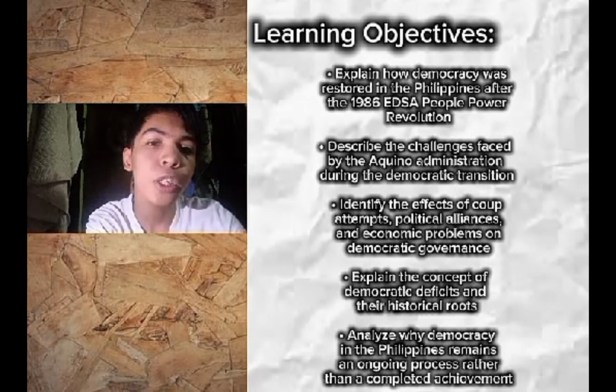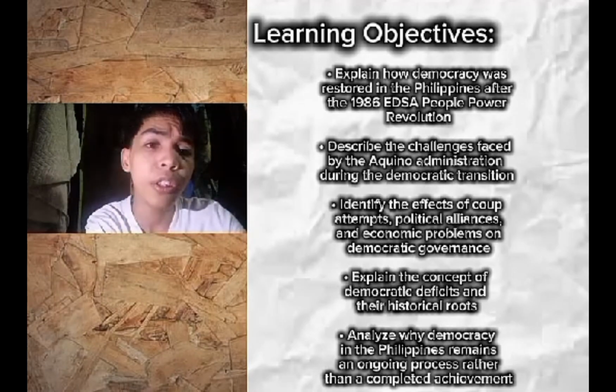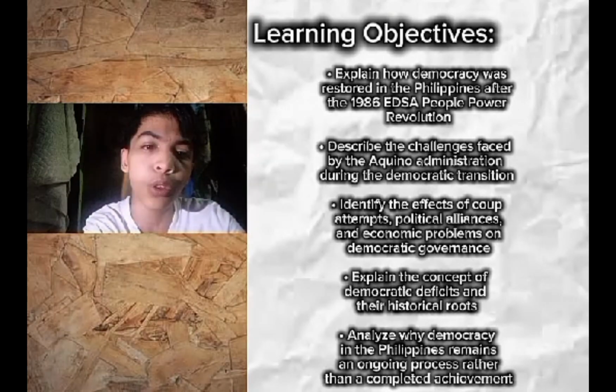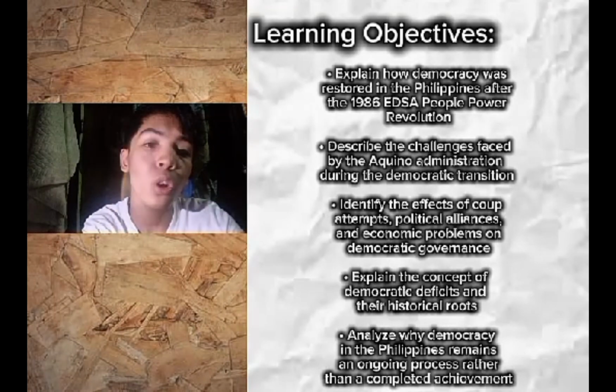Describe the challenges faced by the Aquino administration during the democratic transition. Identify the effects of coup attempts, political alliances, and economic problems on democratic governance. Explain the concept of democratic defects and their historical roots. And finally, analyze why democracy in the Philippines remains an ongoing process rather than a completed achievement.